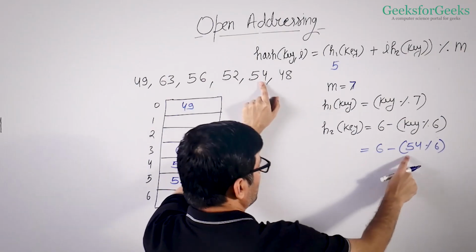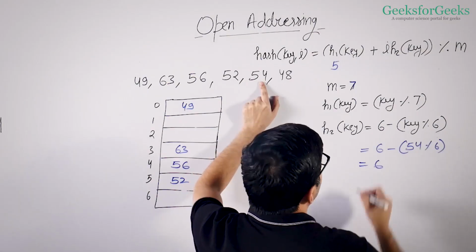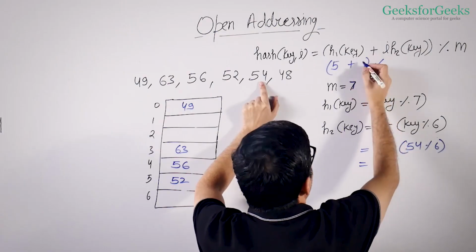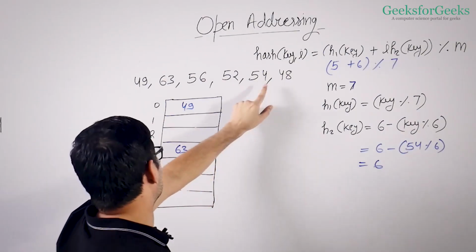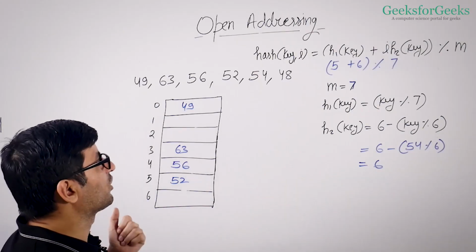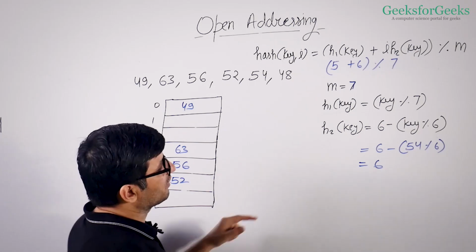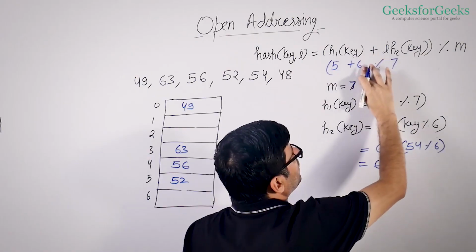So it's 0, so it is going to give you 6. So it's going to be 5 plus 6 modulo 7, which is going to be 4. This time we see another collision. What do we do now? We multiply this 6, the value that we got, with 2 now.